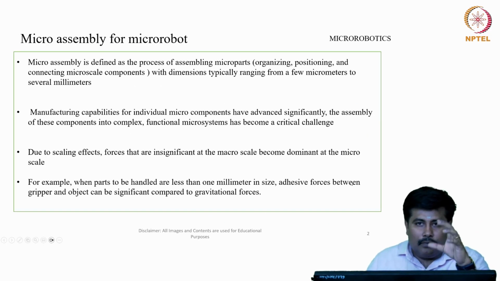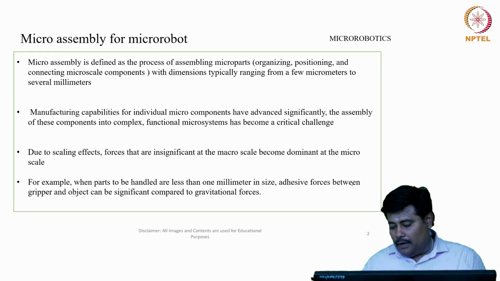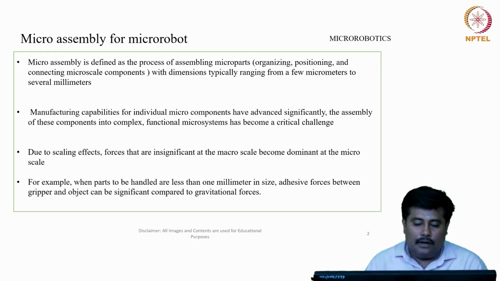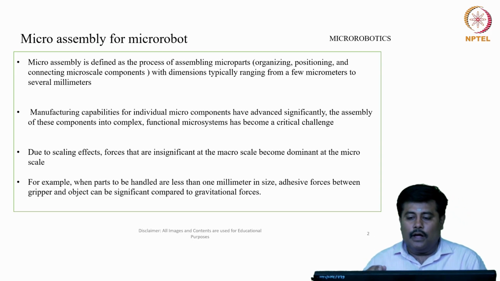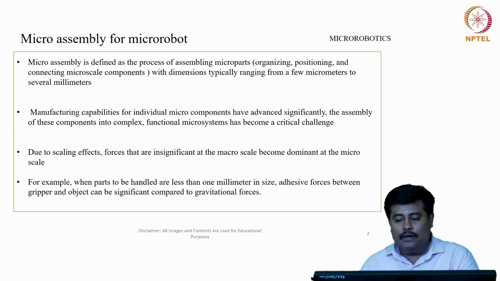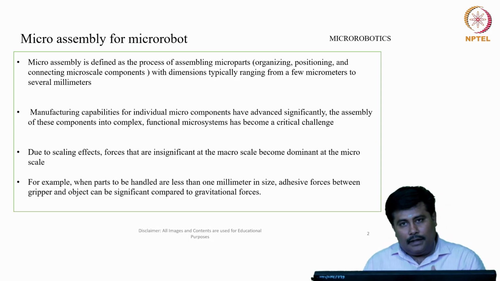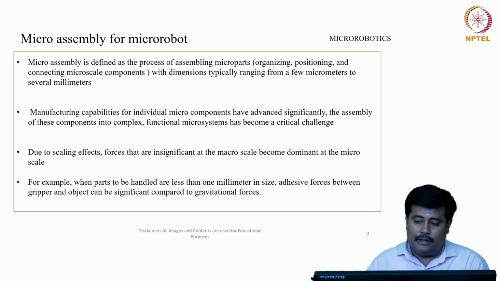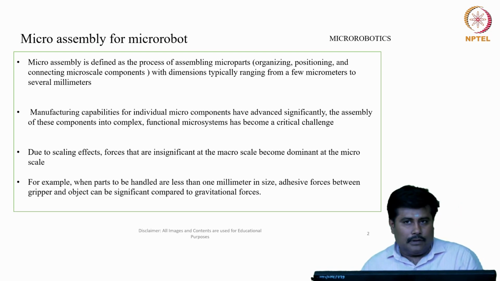Now, as a first part, when we are talking about micro assemblies, these are defined as the process of assembling micro parts, that is, organizing, positioning and collecting microscale components with dimensions typically ranging from a few micrometers to several micrometers.